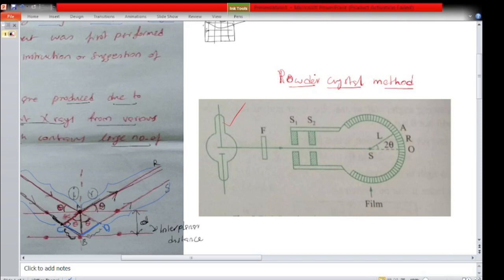But in this case, we are using powder crystal. So we are actually making the powder of those crystals. If you consider the Laue and the Bragg's technique for investigation of crystal structure, that can be applied only if a single crystal of reasonable size and without any damage is available.